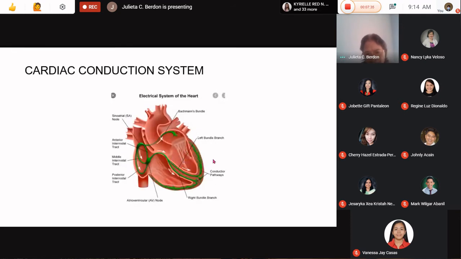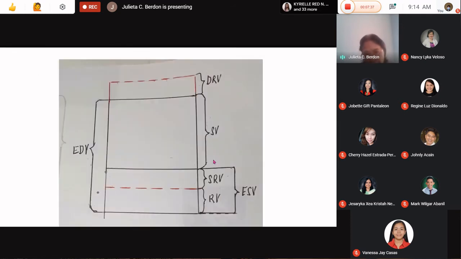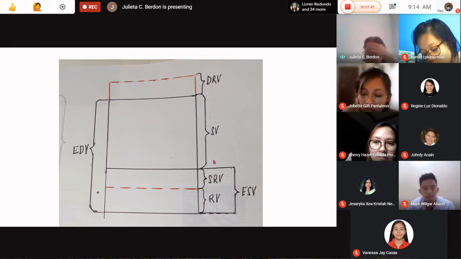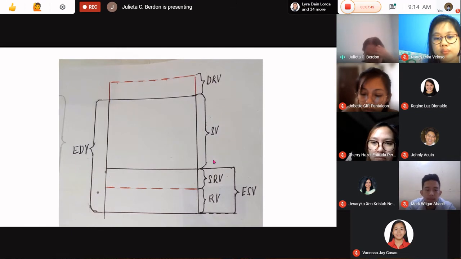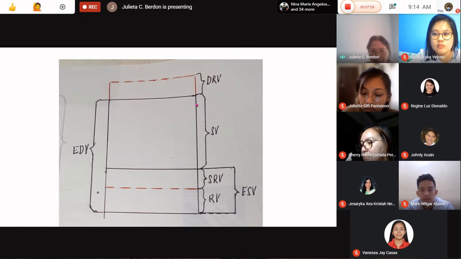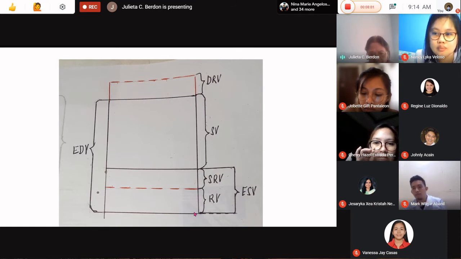Okay, now these are the ventricular volumes, the first part of my handout, which is the definition of terms. Let's take, for example, end diastolic volume. Let's say this is the ventricle, because our definitions are in terms of the ventricle.